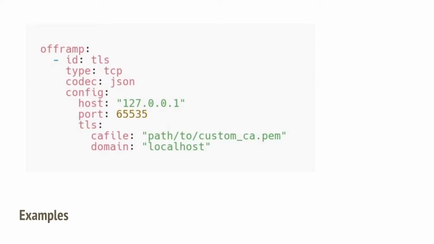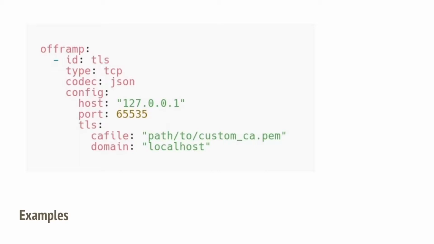Now if a CA file is provided, TCP off-ramp will only accept server certificates signed by the given root certificates. And if TLS domain is provided, this value will be used instead of host to verify the domain name provided in the server certificate.